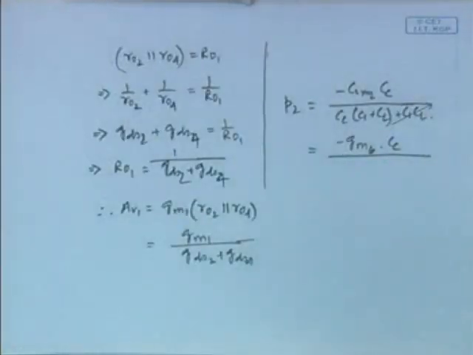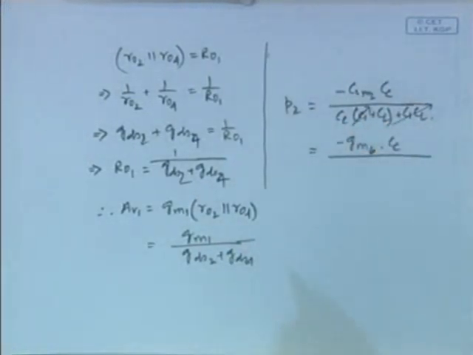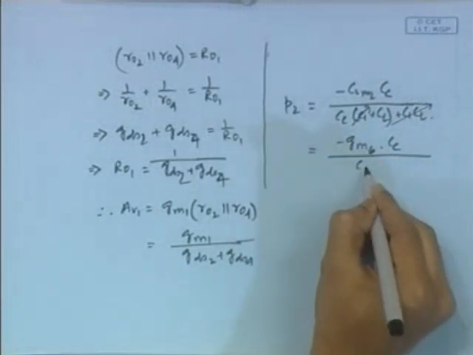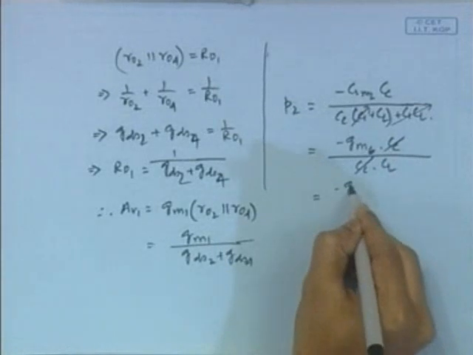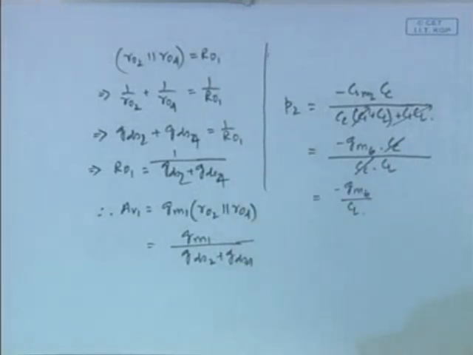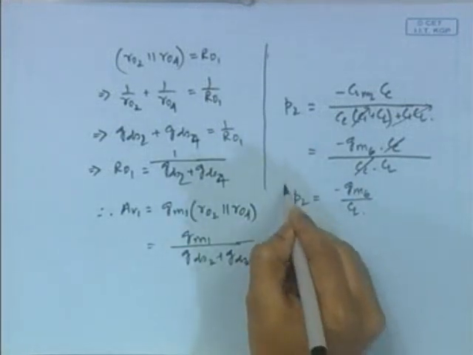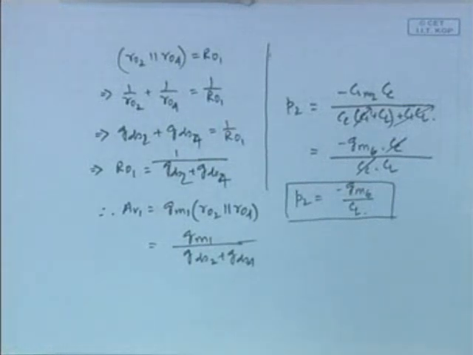Okay, so this whole thing cancels out. This C1, we are just neglecting this part. So what we are left with, CC into CL, that is minus GM6 divided by CL. Okay, this is basically P2. Clear?